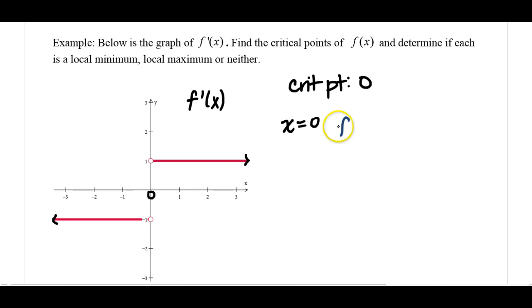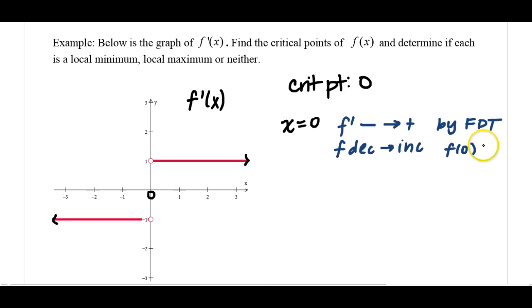So f prime changes from negative to positive, and that change happens at 0, so f must change from decreasing to increasing. So we can still apply the first derivative test and say that by the first derivative test, f of 0 is a local minimum.